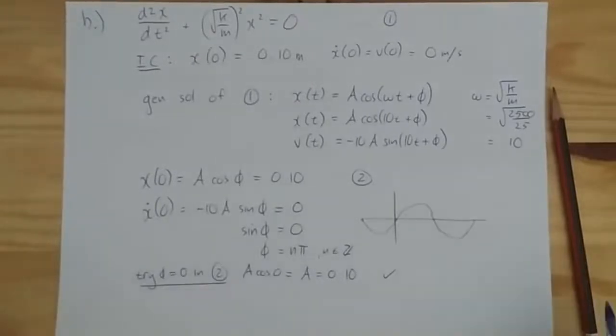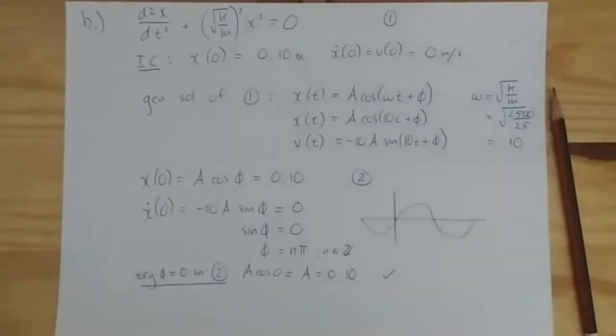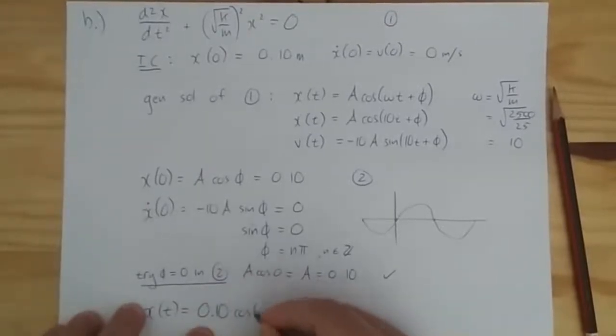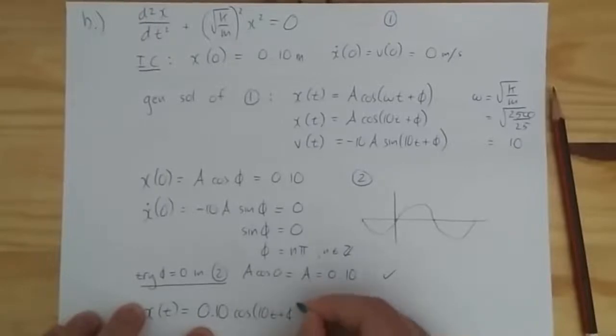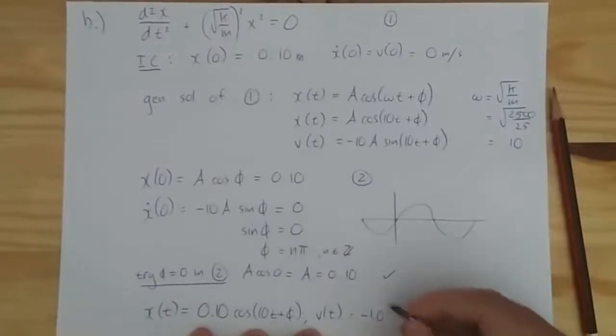So that means, do I have everything? I've got omega, I've got phi, I've got A now, 0.1. Perfect. So everything works out the way we thought it would. So x of t is therefore 0.10 cos of 10t plus phi, and the velocity function is therefore equal to minus 10A sine, so in other words minus 1.0 sine of 10t.